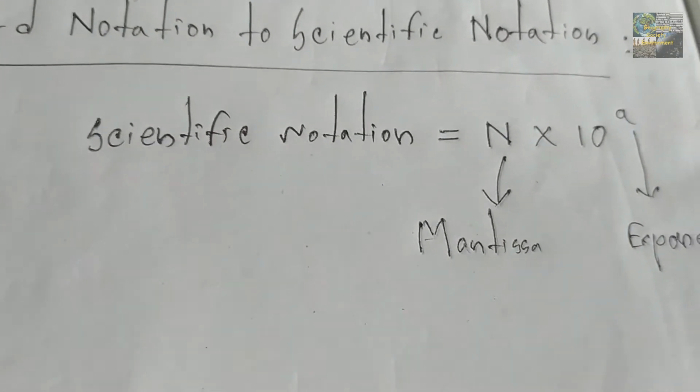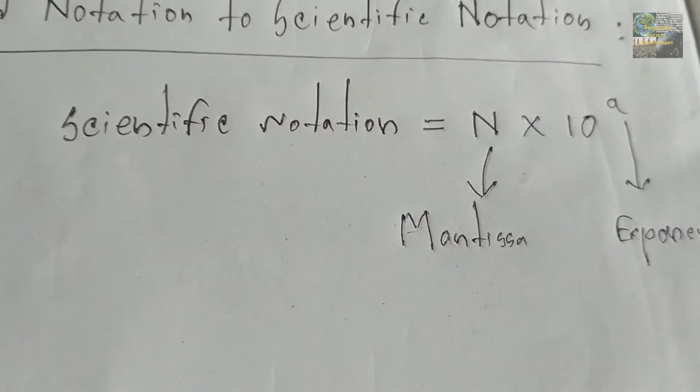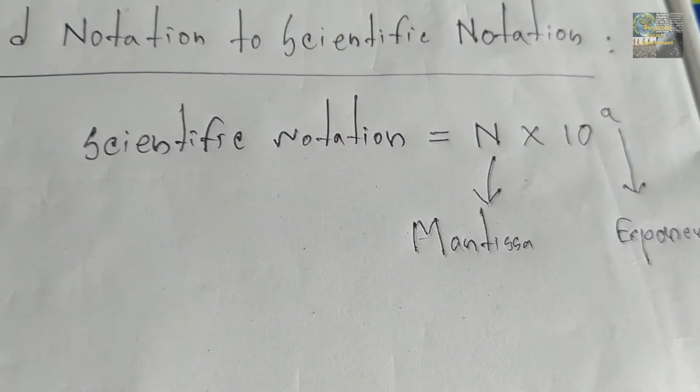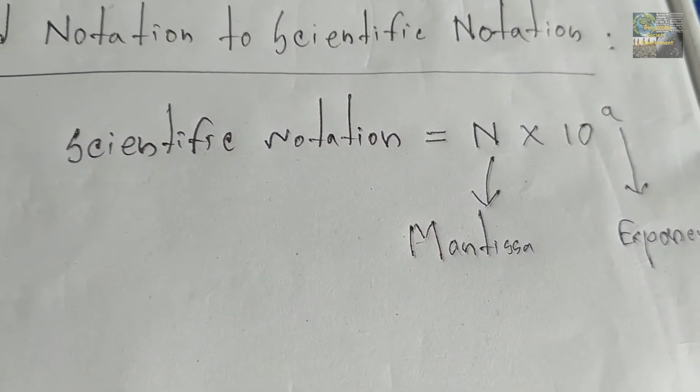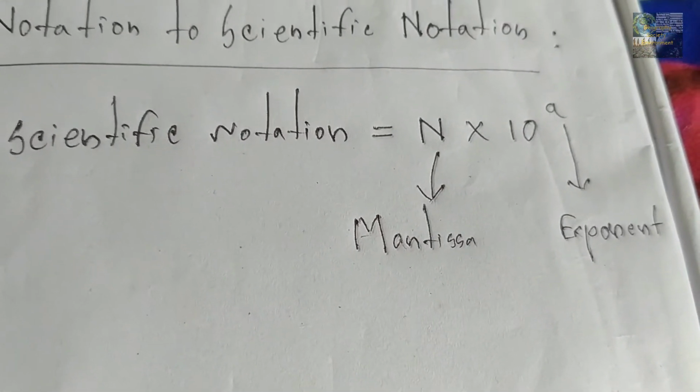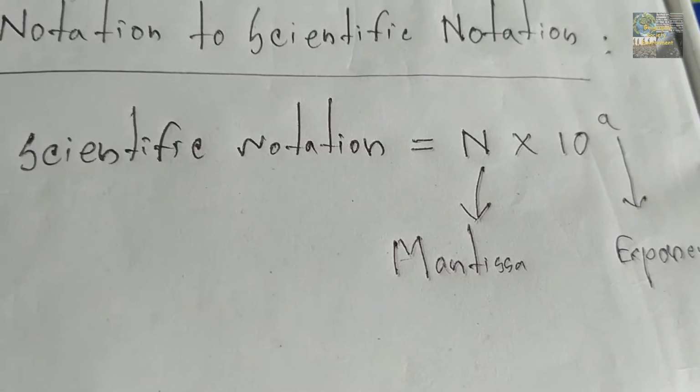This exponent can be positive or negative. The mantissa typically ranges from 1 to 10. On the other hand, the exponent also ranges from 1 to 10.